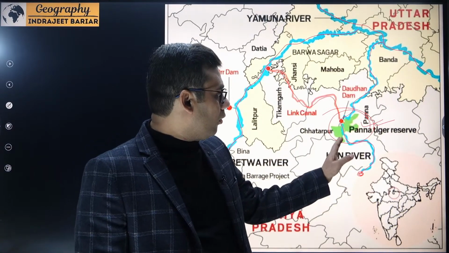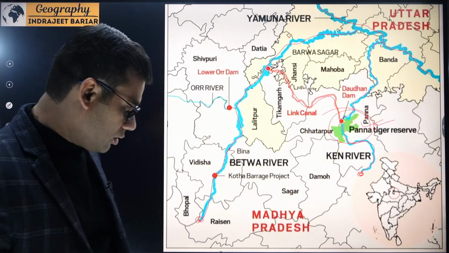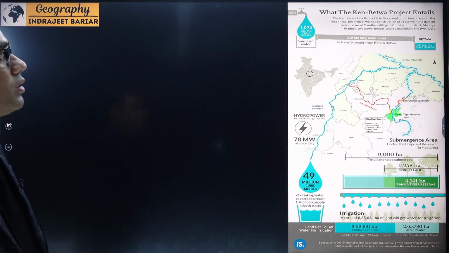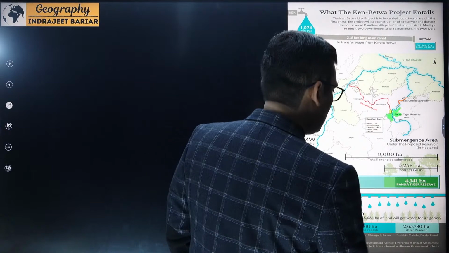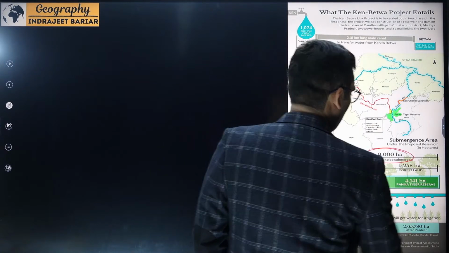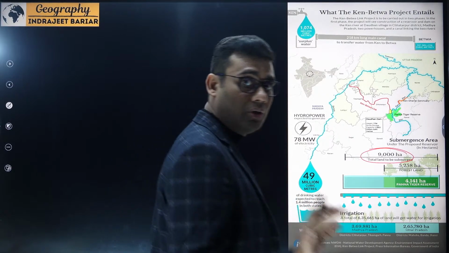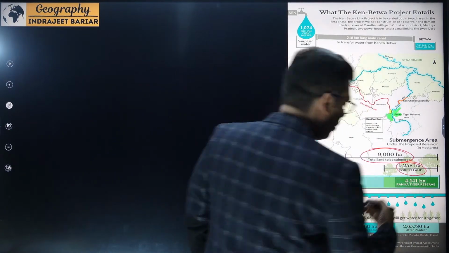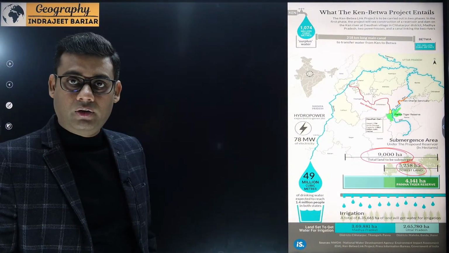Overall, with this new project, what has been estimated is that a large portion of Panna Tiger Reserve is going to be submerged, and that's where the ecological concerns are. So the major ecological concerns: a total of 9,000 hectares of land is to be submerged due to this particular project, out of which 5,258 hectares is forested land.